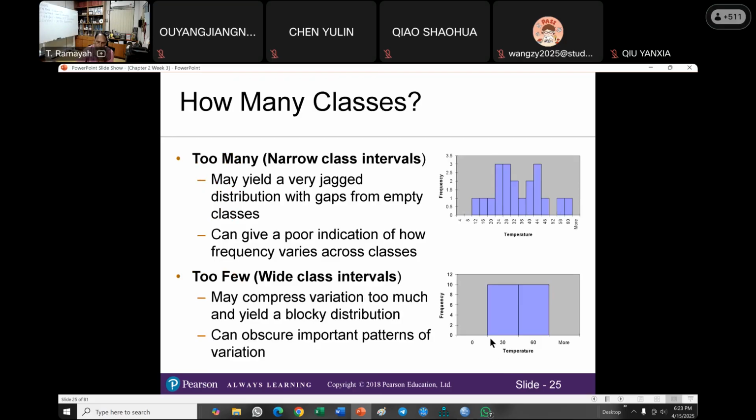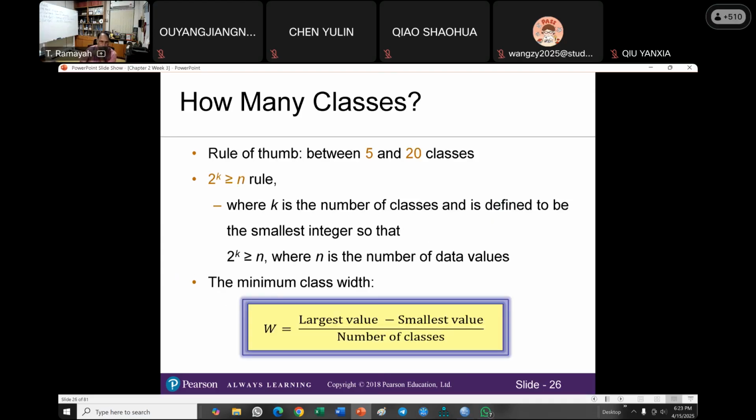If you put, like here, 30 in one group, there are too many in one group. That is also not a good thing. So when we develop the number of classes, there is a formula we can use. Later, we can also revise the number of classes based on the distribution that we get.